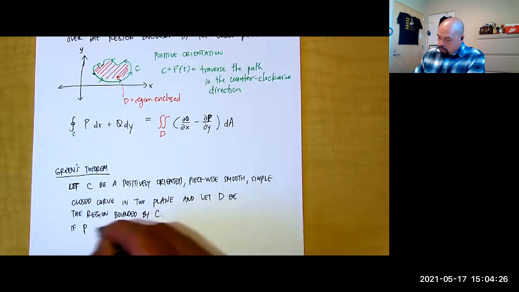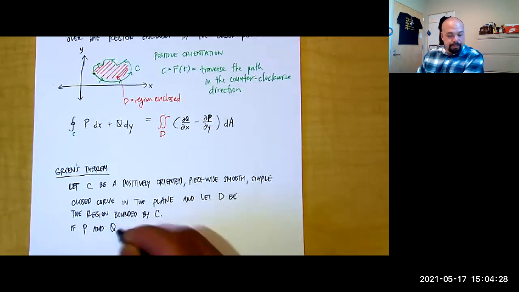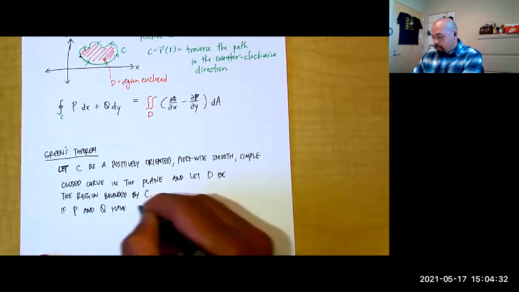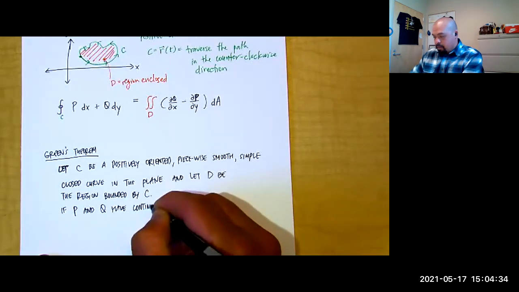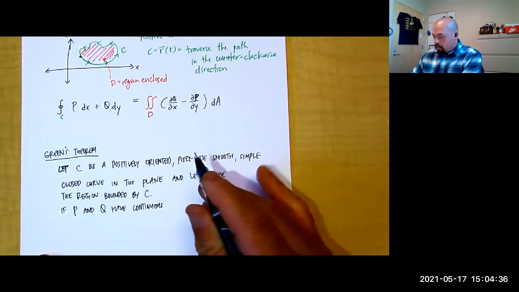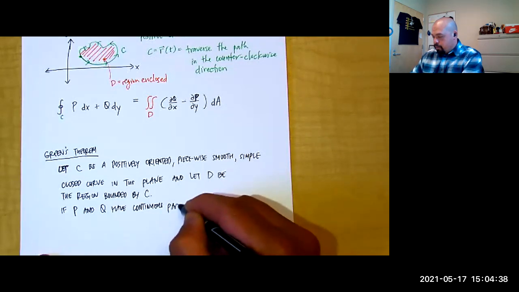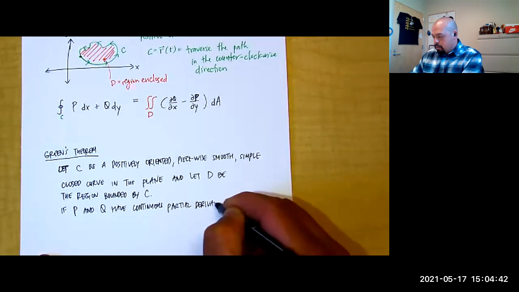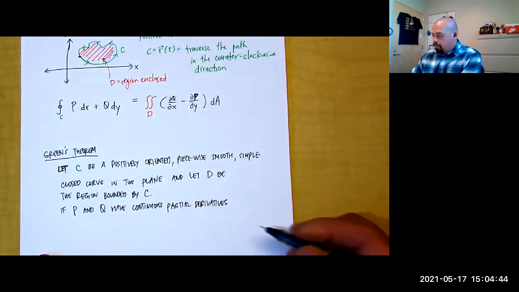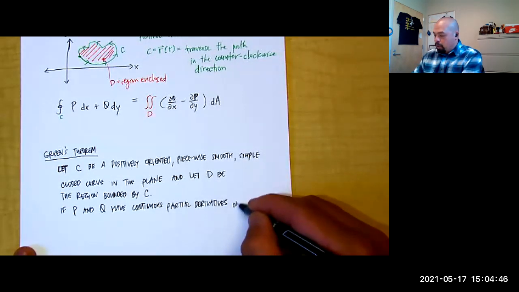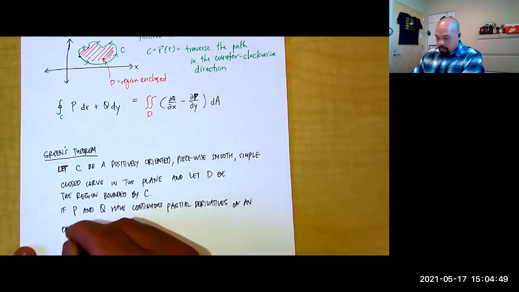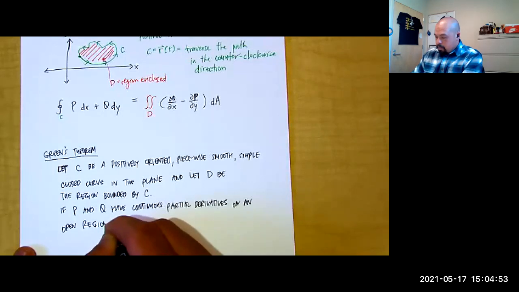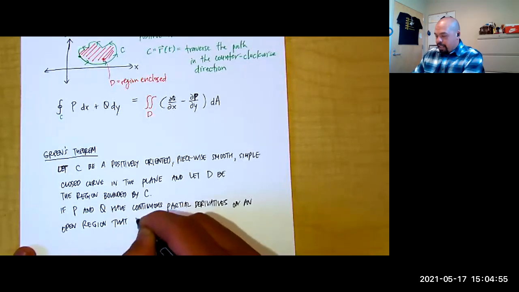Now if P and Q, these functions in our line integral, have continuous partial derivatives on an open region that contains D, right?